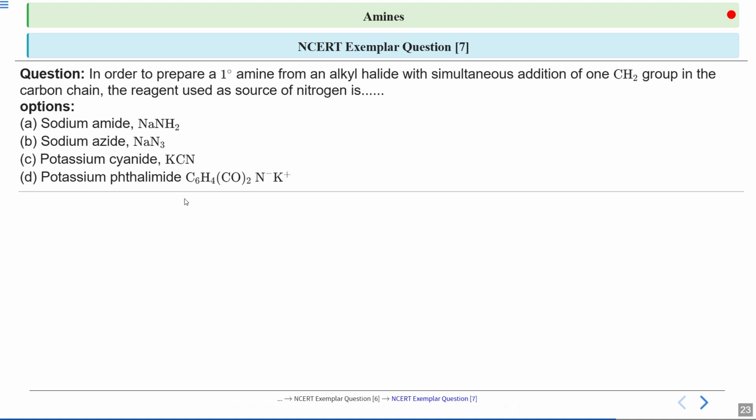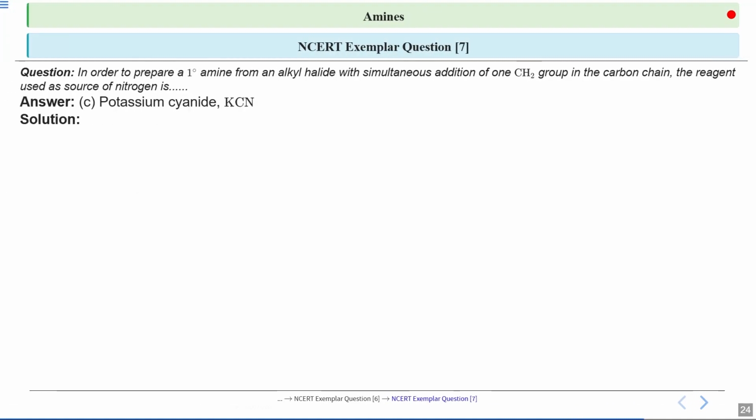Okay, so you have to tell the reagent which is used as a source of nitrogen. So if you will see, option number C is the correct answer, which is potassium cyanide.